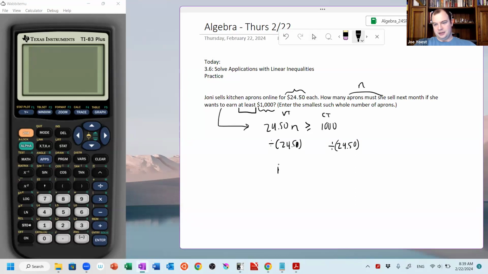And I see that n is bigger than or equal to, note that 24.50 is positive. I do not need to switch the sign. So that's one little additional detail I need to remember anytime I'm dealing with an inequality. If I divide by a negative, or for that matter, multiply by a negative, I need to switch the direction of the inequality, but that doesn't apply here.